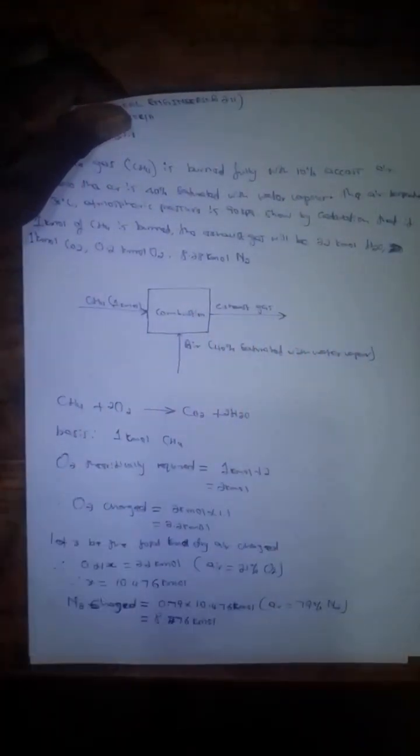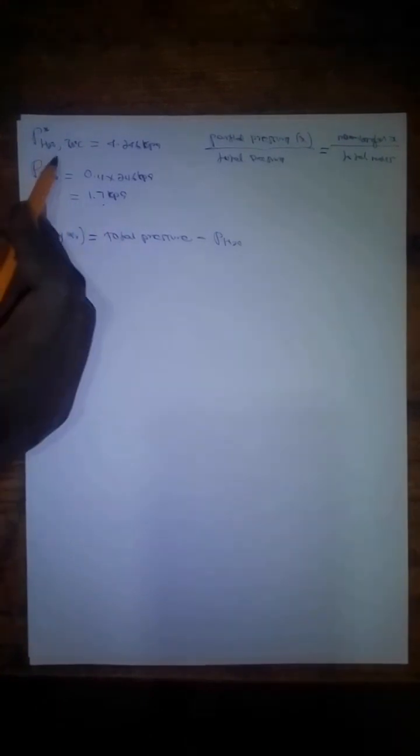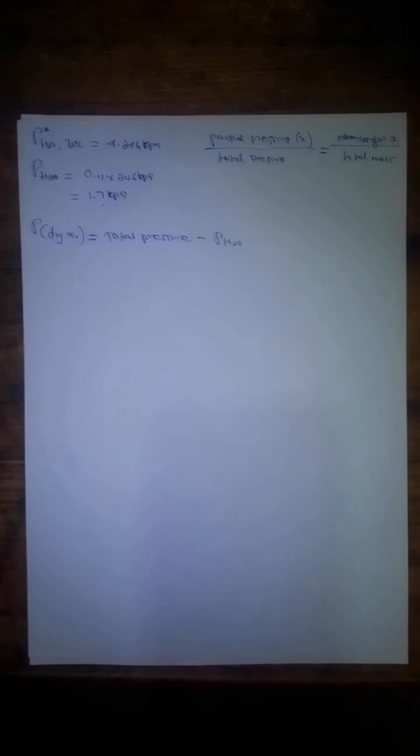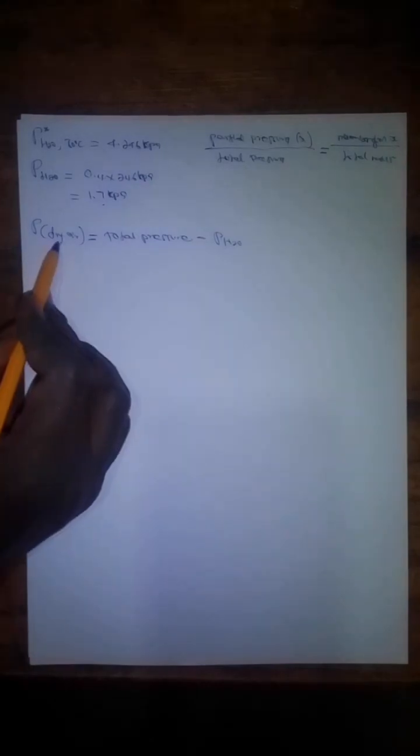This is to say, if the total pressure is 90 kilopascals, and we know that the water vapor partial pressure is 1.7 kilopascals, which we calculated through the vapor pressure, then the remainder of the pressure is the pressure of the dry air, and we know the dry air is O2 and N2, right?